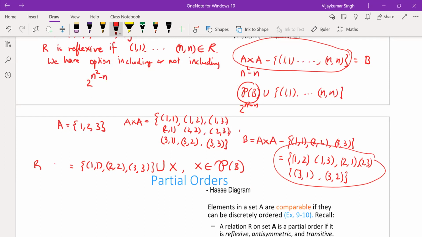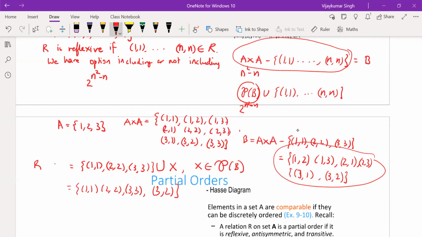For example, I could include (1,1), (2,2), (3,3), and then any subset of this. Let's say a size 1 subset is (3,2). This will still be reflexive.